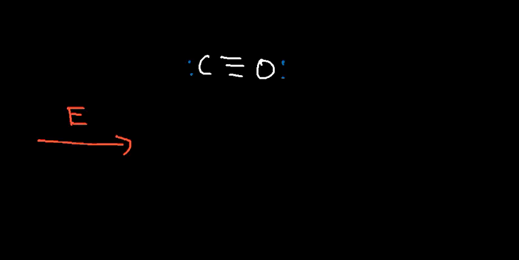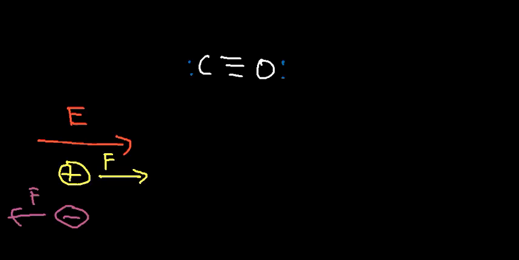When you place a positive charge inside an electric field, it feels a force that accelerates it in the direction of the electric field. When you place a negative charge in an electric field, it feels a force that accelerates it in a direction that's opposite to the electric field.